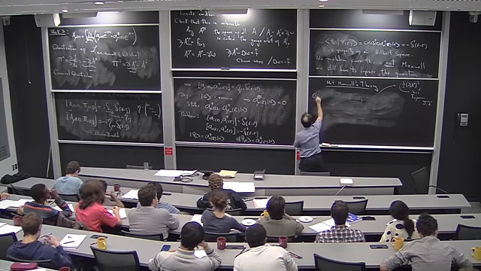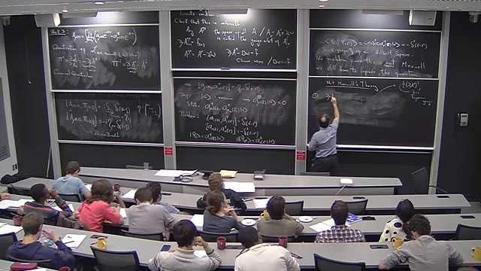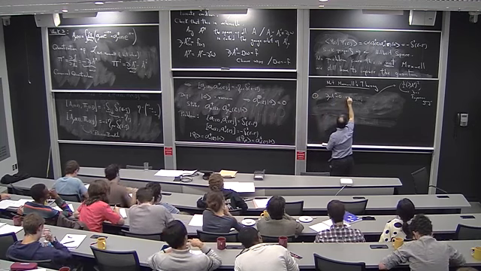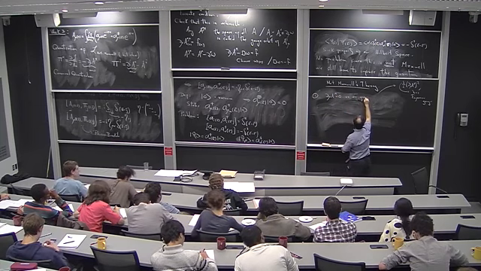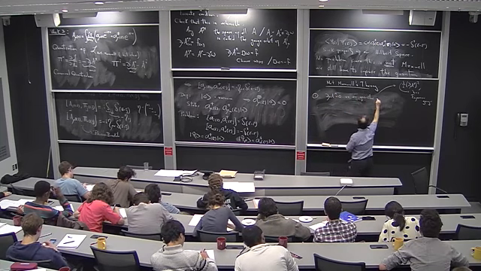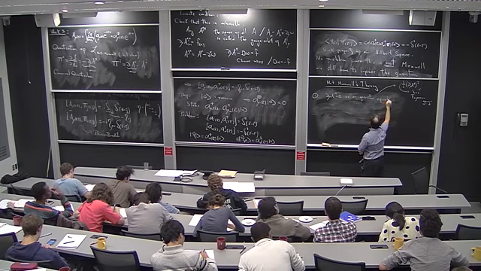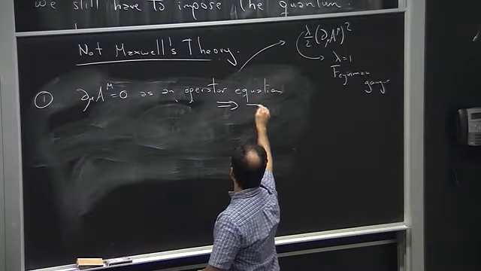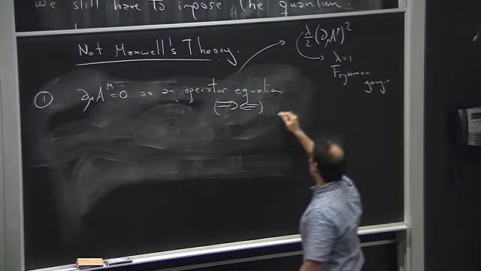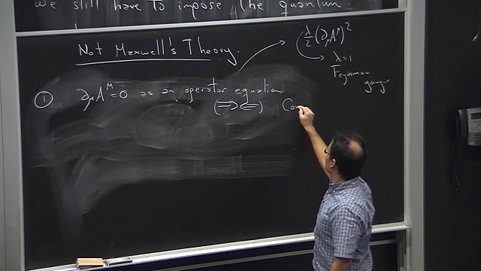So the first option, which is to impose this as an operator equation, is inconsistent with the commutation relations.